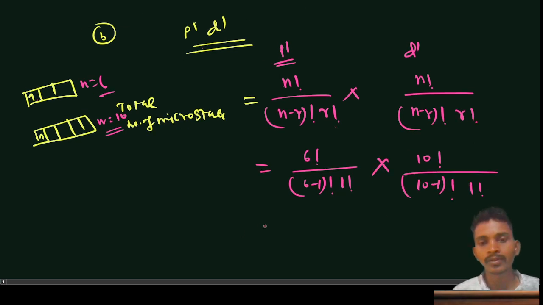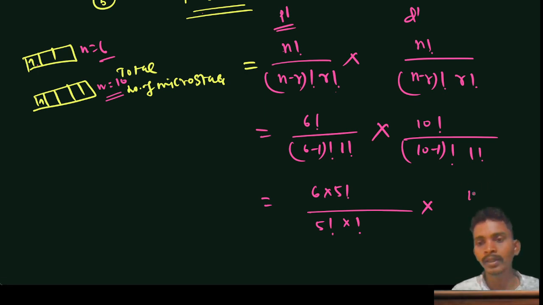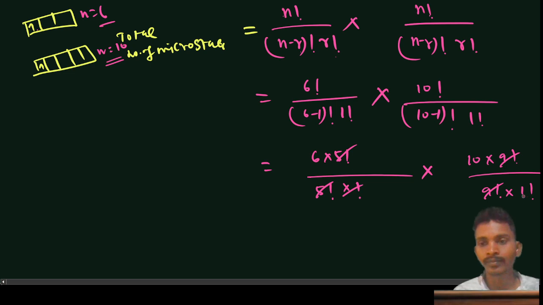Okay, so if I do it, then this is 6 into 5 factorial over 5 factorial into 1 factorial, into 10 into 9 factorial over 9 factorial and 1 factorial. If we solve it, then 1 factorial means 1, so this all is cancelled, so 6 into 10 gives 60.